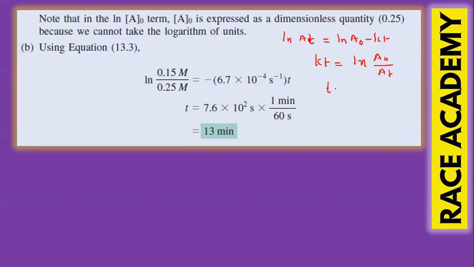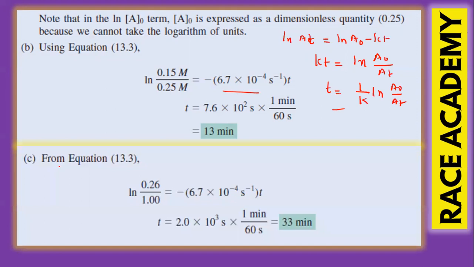Now in this we want T. T is equal to 1 by K into ln A naught by AT. A naught is 0.25, AT is 0.15, and the K value is 6.7 into 10 power minus 4. If this is substituted, then you get 13 minutes.